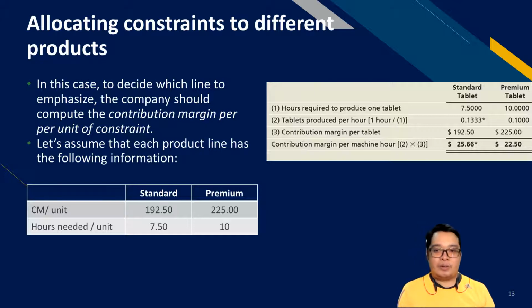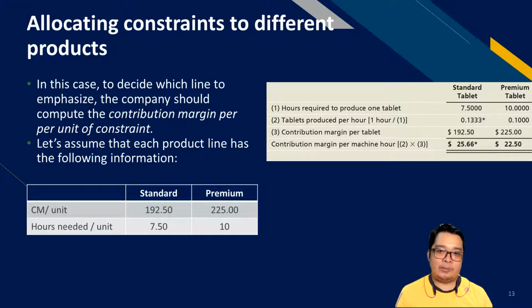Okay. So it says here that the hours required to produce one tablet for standard is 7.5, for premium is 10 hours. Now, if you get the tablets produced per hour, that's 1 hour divided by 7.5 and 1 hour divided by 10.